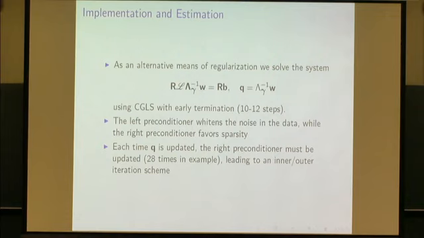And you can think that the outside is like a nonlinear wrapper, and that is stopped when you have a relative change of the order of 10 to the minus 8. So that's pretty tight on the outside, and that's where you get this, 10, 28. And then inside you're solving this associated least squares problem. So in a way, the outside is going to fix what you don't get from the inside.